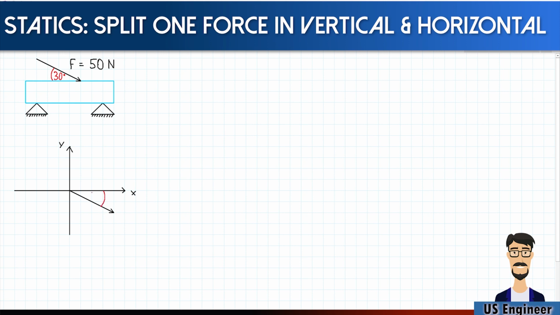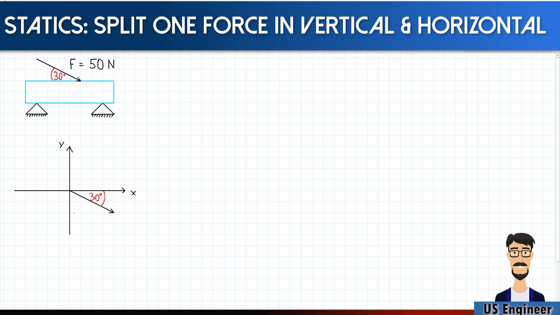Okay. I'm going to first show you how to determine the components geometrically and then how to calculate them mathematically. So, to determine the components geometrically, all you need to do is to draw a line that is parallel to each axis, and the parallel line needs to touch the tip of the force vector.